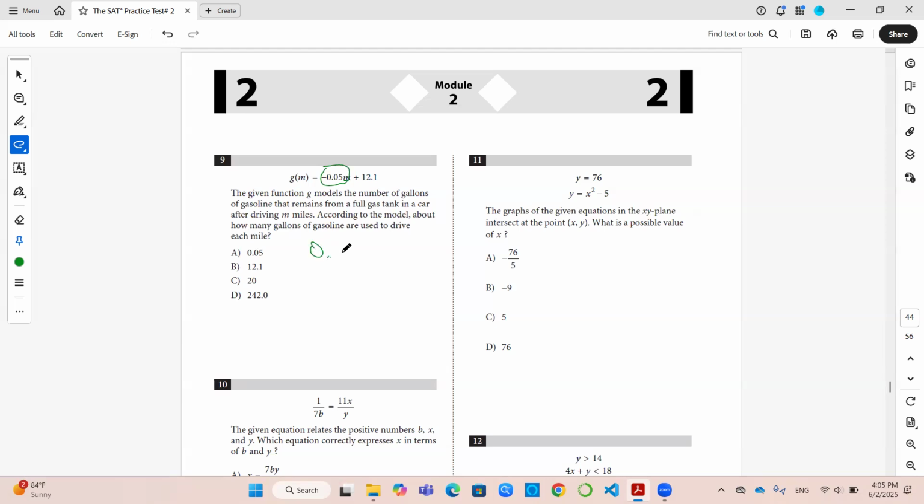Because if I say 0.05 gallons per mile, and then times m miles, the units cancel out. Okay, so we can say that 0.05 is what we're looking for. So A is the correct answer.